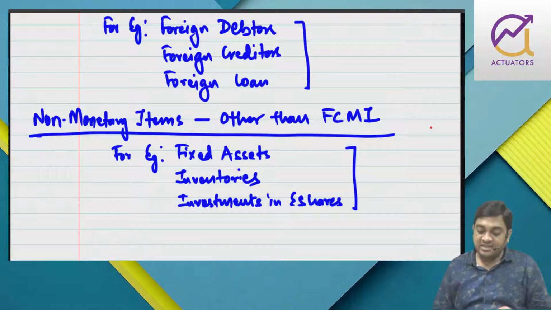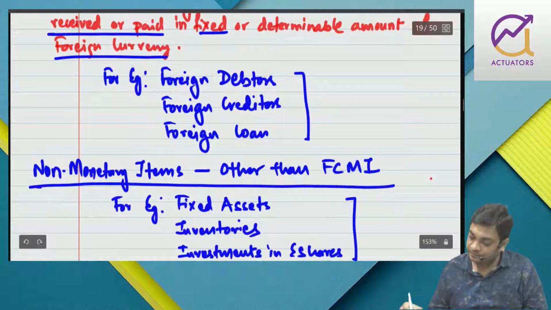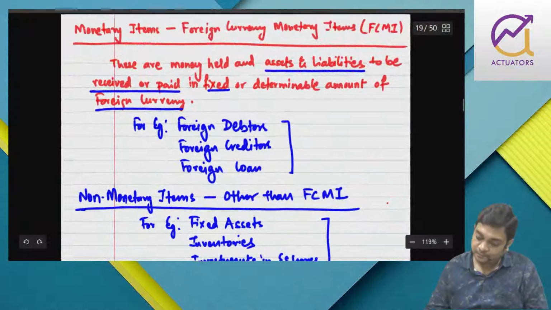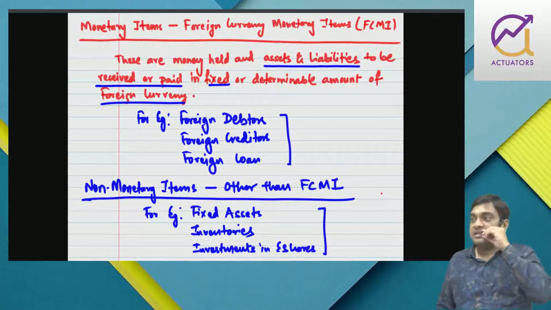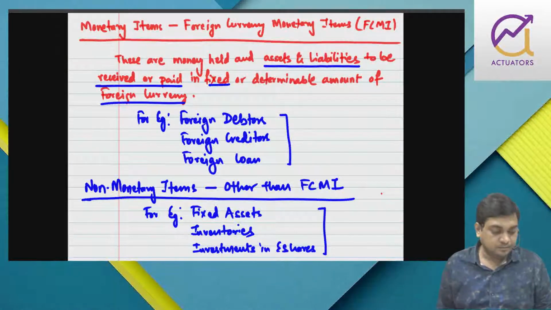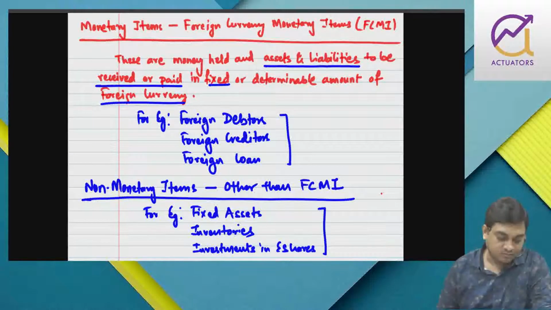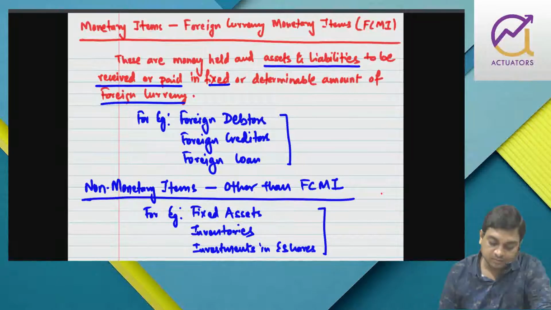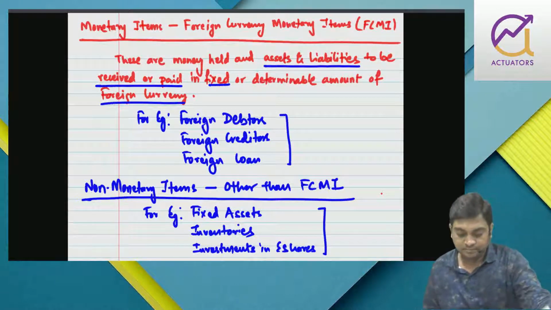So these are non FCMI and this is FCMI. Is that fine? Right?